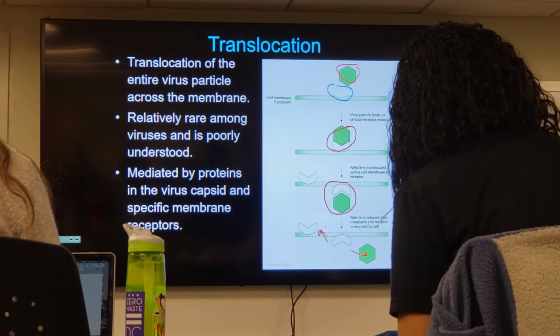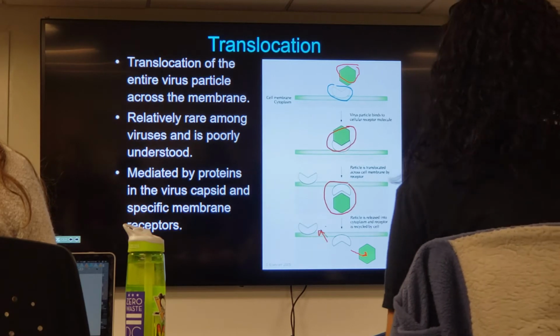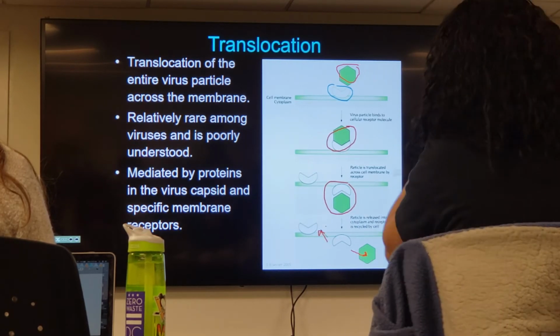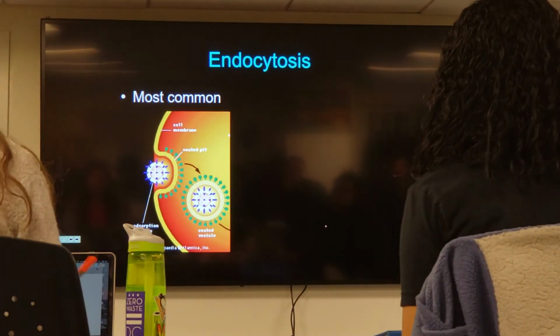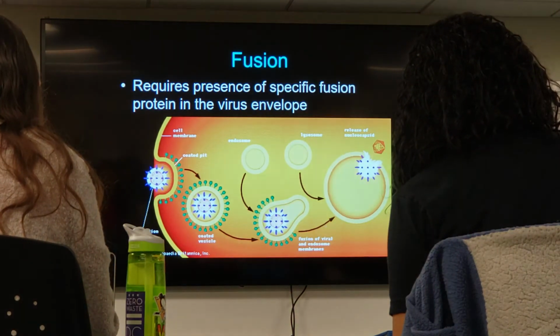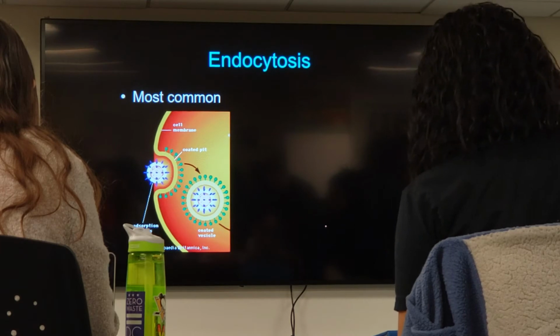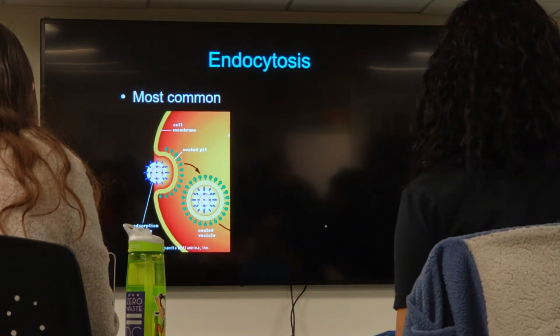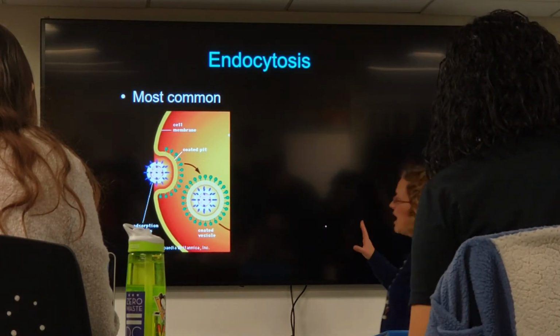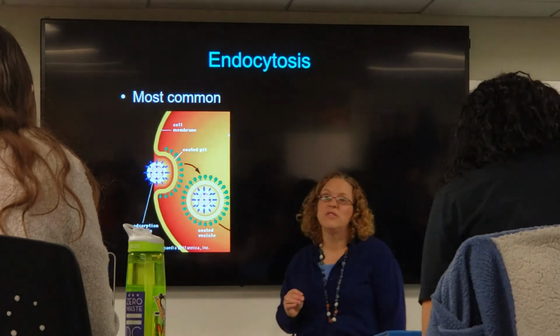The other two strategies that we have are actually much more common, and we know a lot more about them. So endocytosis, you guys have all talked about endocytosis before. We know that it is dependent upon clathrin-coated vesicles that travel close to the cell membrane.